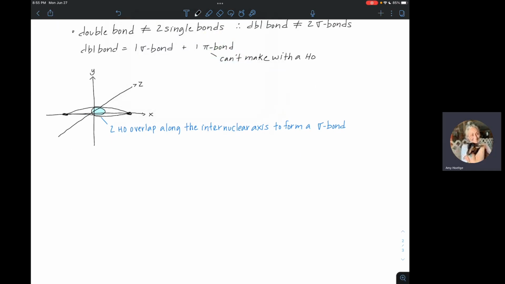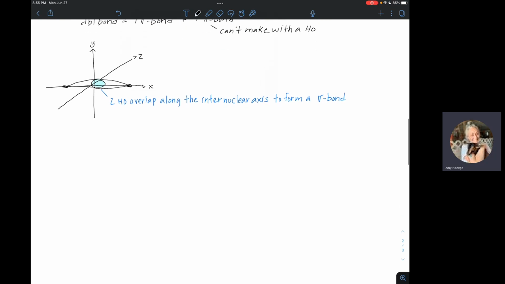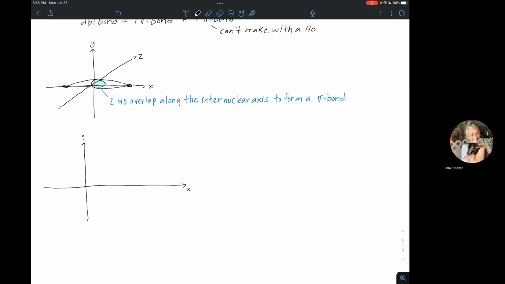Because when we make a pi bond, what's going to end up happening, and I'm going to put two of these on one graph. So here I have a y-axis. I'm going to leave the z out for this, right? Because it's a little unnecessary at this point. When we draw a triple bond, I'll put it in.